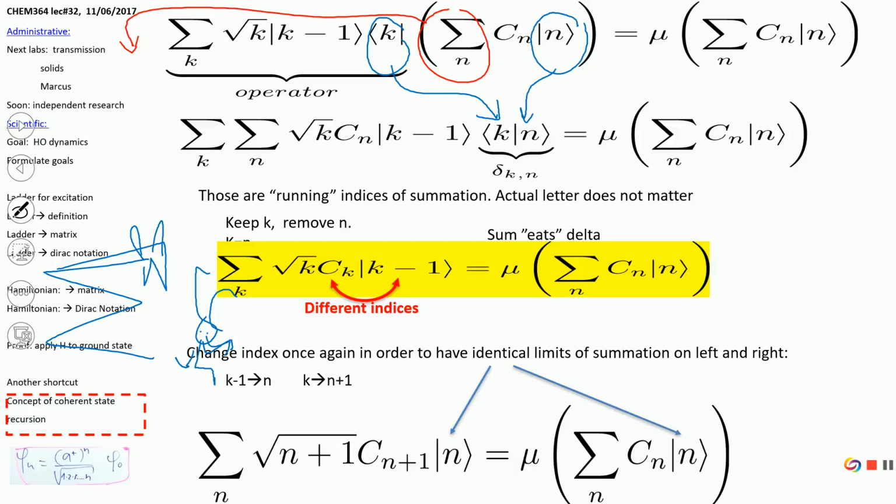In some sense, just different indices. In some sense, the problem is solved. It doesn't look beautiful, and we need to tie the loose ends, but everything is already here.